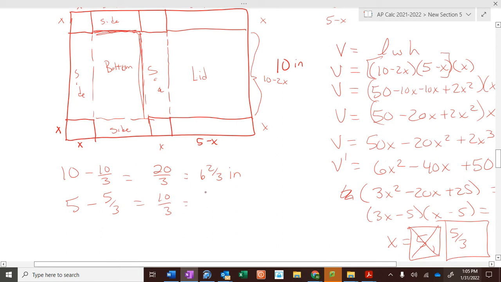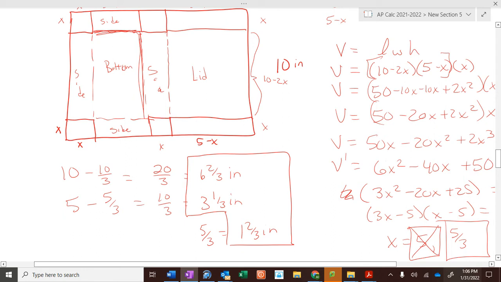Find the dimensions, which is like 3 1/3 inches. And the other side is 5/3, which is the same as 1 2/3 inches. So the height is 1 2/3, the length is 6 2/3, and the width is 3 1/3, and they're all inches.